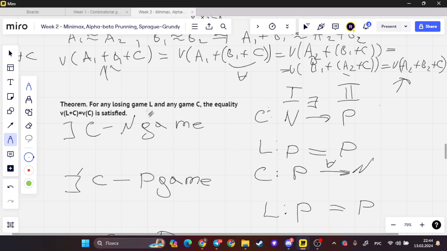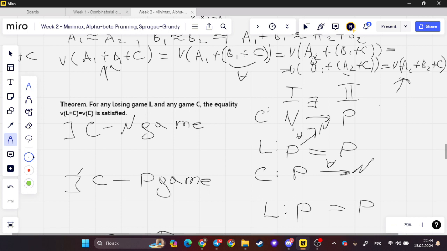In the L game we lose, so we get P, and in the N game we try to win if we make a step. In this game it doesn't make sense because we get N for any move, so we don't make any step.